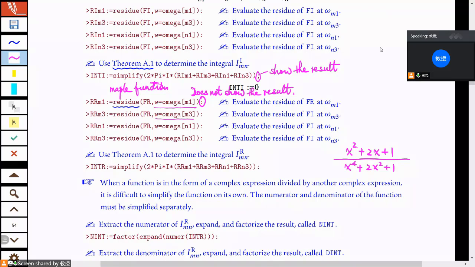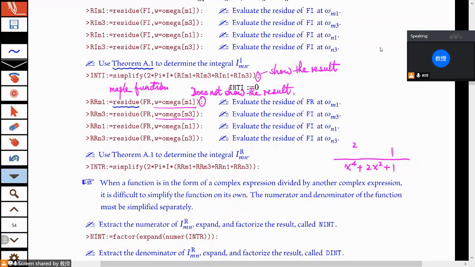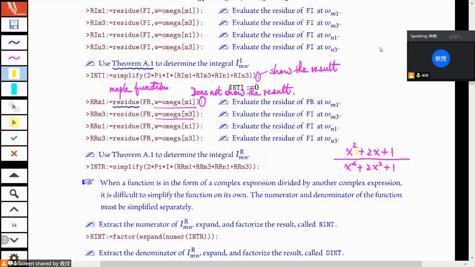But if you simplify the numerator and the denominator separately, then you have x plus 1 squared, and the bottom is x squared plus 1 squared.